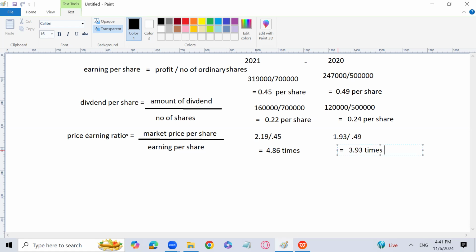But if you want quick earning or capital growth, so that the market price of the share increases quickly and you can sell and purchase shares and get the capital profit out of it, then 2021 is better than 2020, because the price earning ratio has increased from 3.93 to 4.86 times. What do you mean?